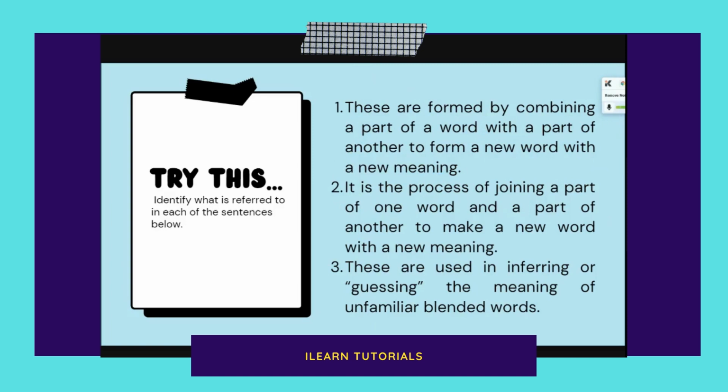Second: it is the process of joining a part of one word and a part of another to make a new word with a new meaning. What do we call that? And lastly: these are used in inferring or guessing the meaning of unfamiliar blended words. Again, what do we call that? I will also give 1 minute for you to answer this. Okay? Time starts now.